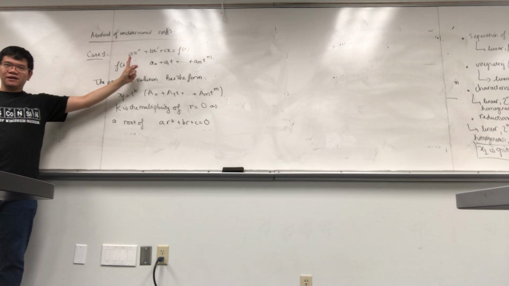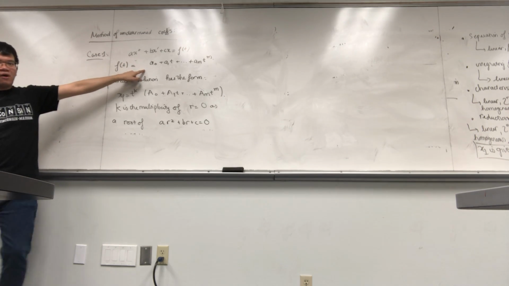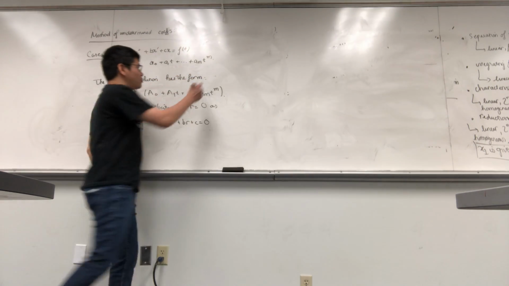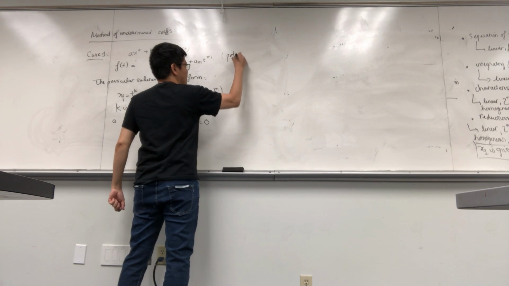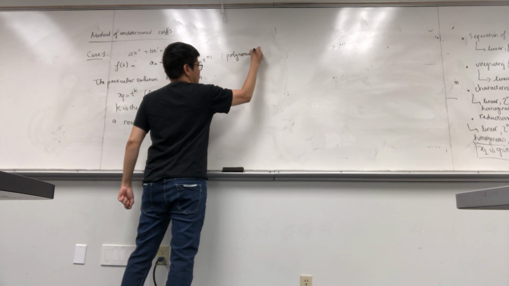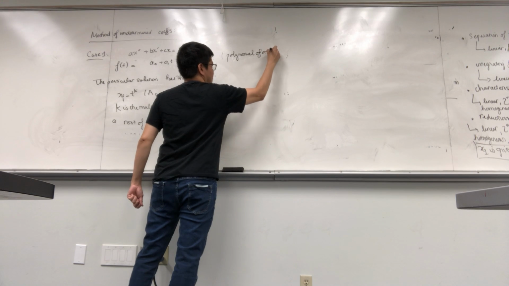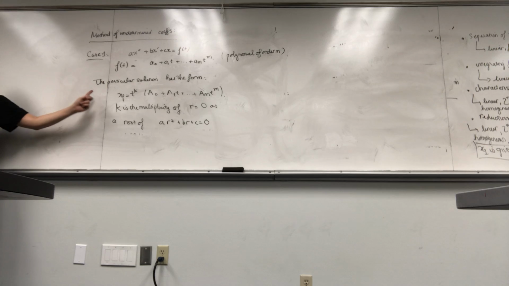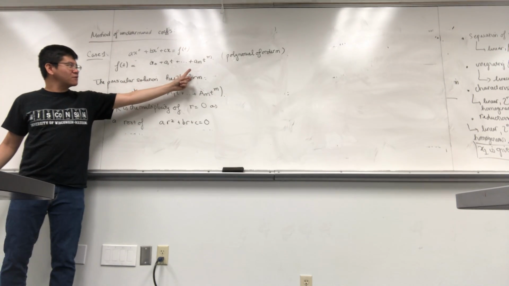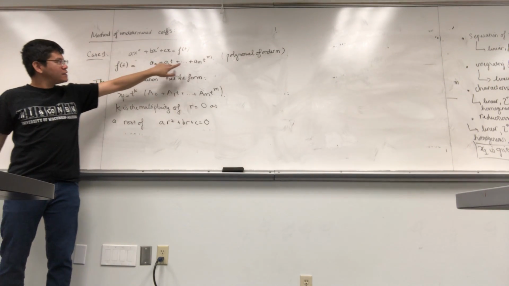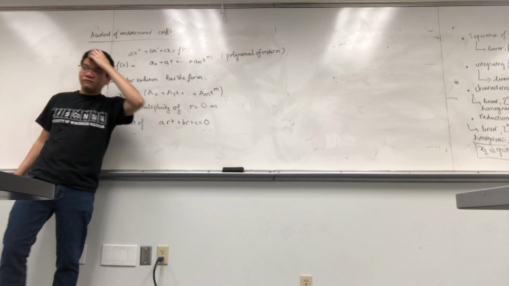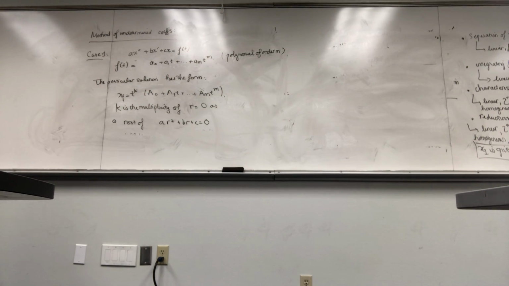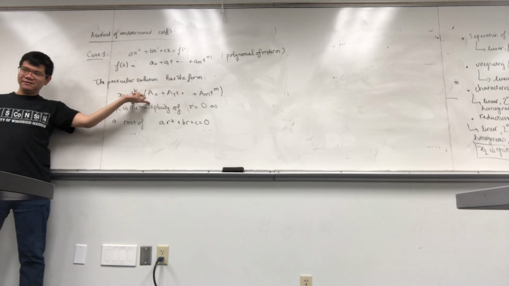f is a polynomial of order m, right? So a0, a1, up to am, the coefficient of t to the m. This is the form of the forcing f. The particular solution has the form exactly like this.